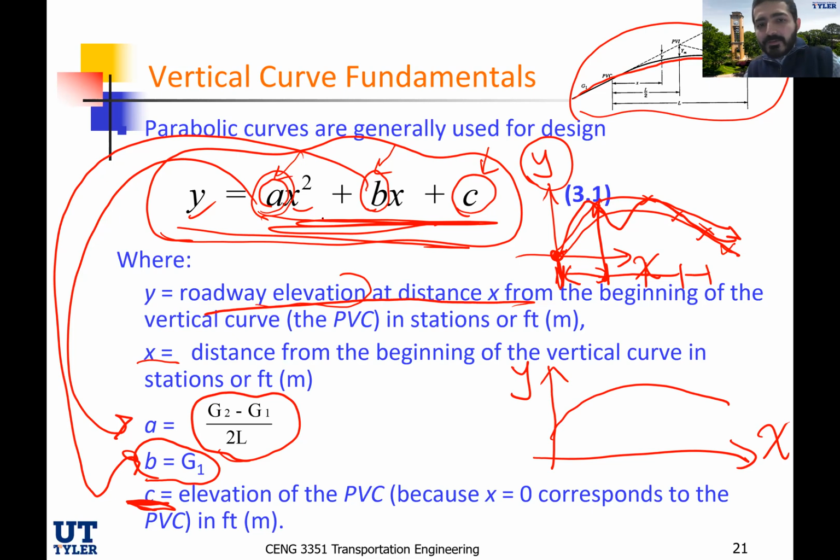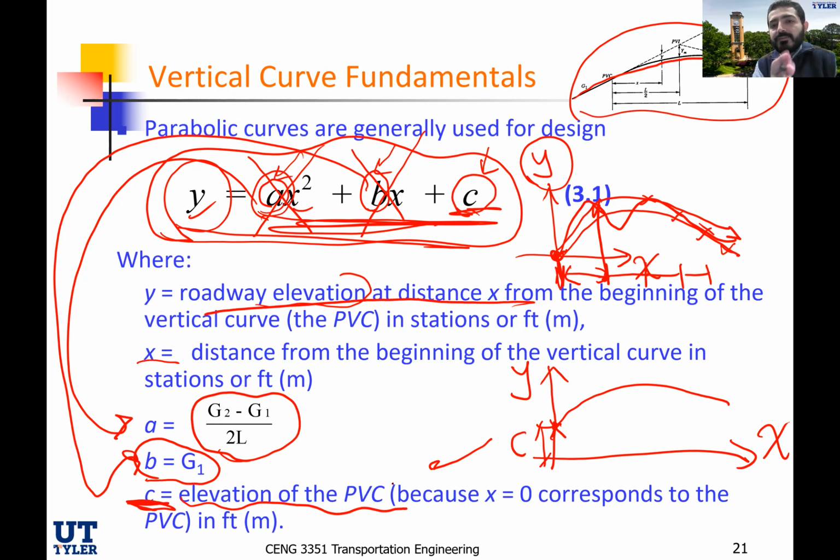How about if I put x equal to 0? If x is equal to 0, this goes away, and that goes away. And now y, the elevation at x equal to 0, is equal to c, which is right here. This point here, this is c, that's why I'm defining it as the true elevation of the PVC, the beginning of the curvature of that vertical curve. So that's in case of x is equal to 0.